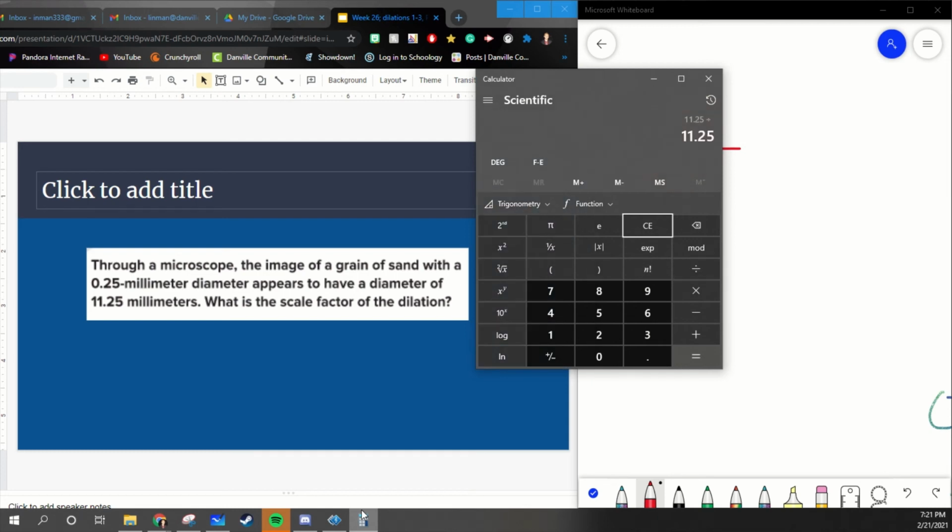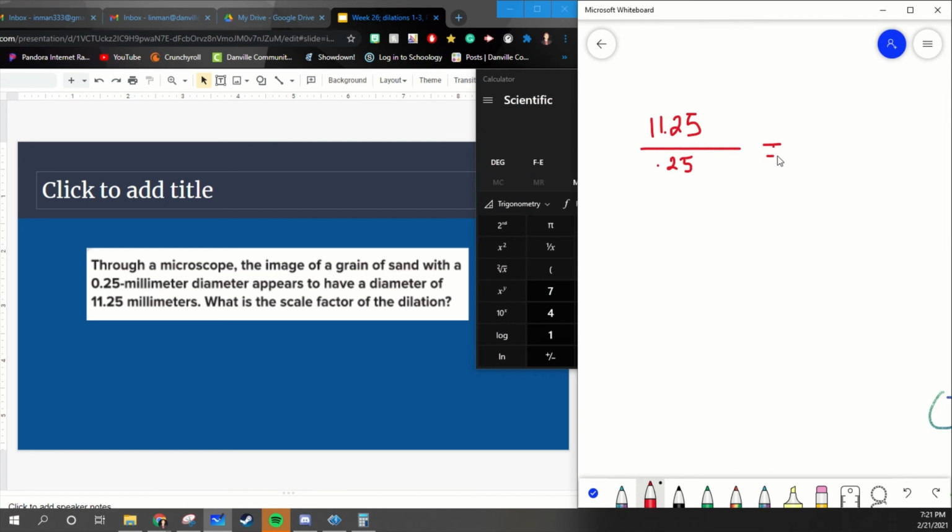So when I take 11.25 and divide it by 0.25, I get 45, which means our scale factor is 45, and that would be 45 times larger. And that makes sense, right? 45 times larger makes sense for looking at a very small thing underneath a microscope.